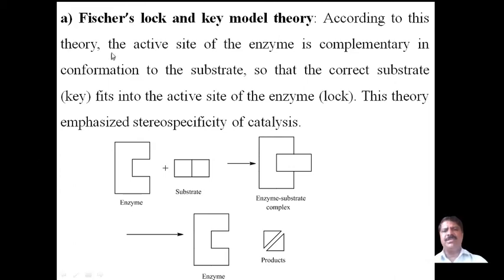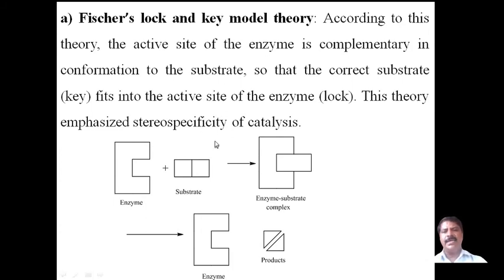Like that, the Fischer lock and key model indicates that the active site of the enzyme is complementary in conformation to the substrate, so that the correct substrate, the key, fits into the active site of the enzyme, which is the lock. They coincide and fit with each other, and the reaction takes place.